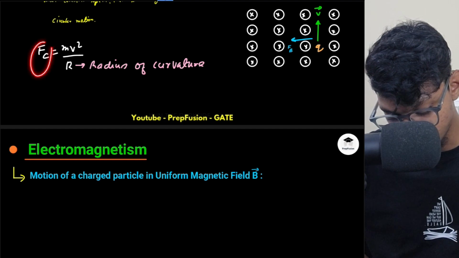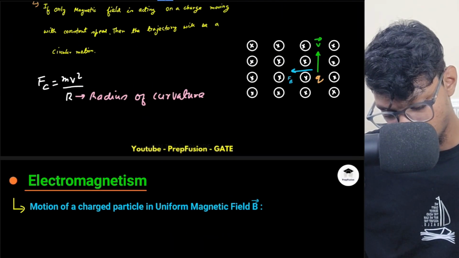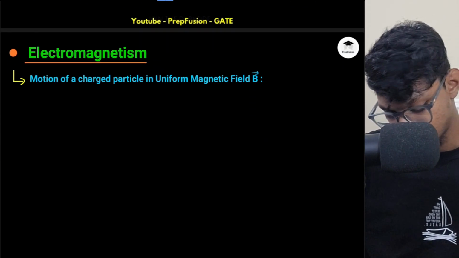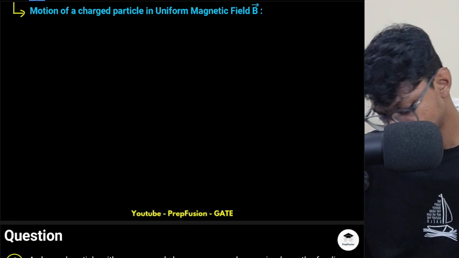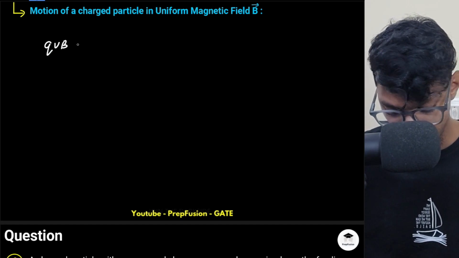Fc is the force acting on the charged particle. What is that? That is qvB sine theta, right? And theta will always be 90 because it will always act at 90 degrees with respect to the velocity.